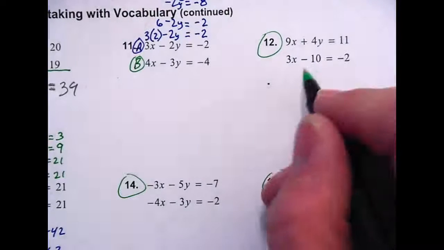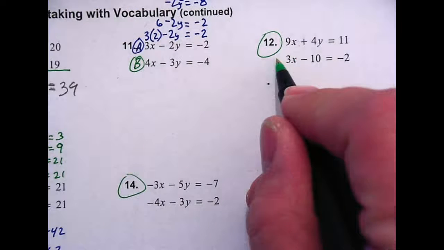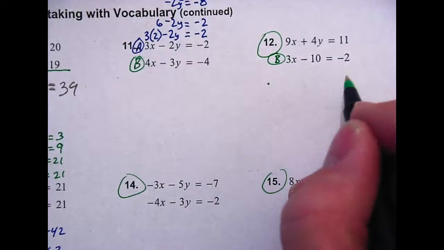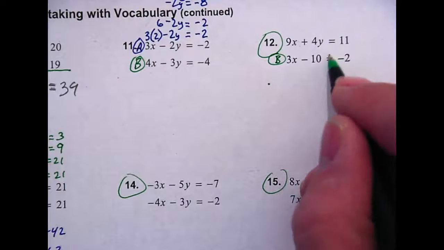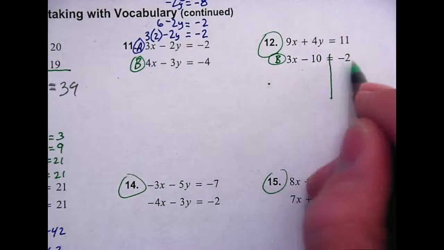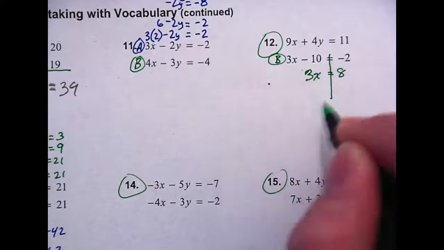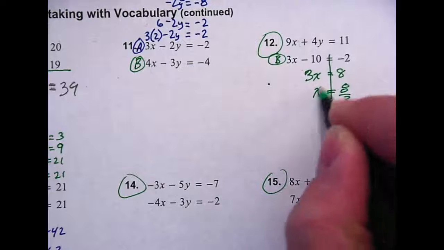Oh, I'm sorry. The only reason with 12, I like the idea that if you look at equation B, I can actually just solve this. Audrey, did you figure that out? That you could just solve this? It just has x. So we add 10, which is 8. We get 3x. The only problem I have with it is it gives you a fraction right here, which I'm not so opposed to fractions.